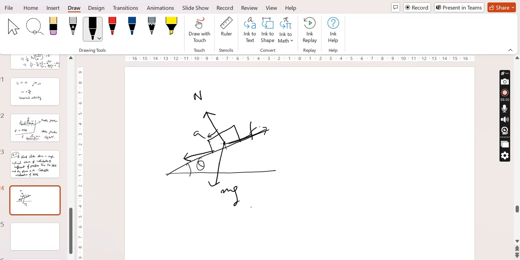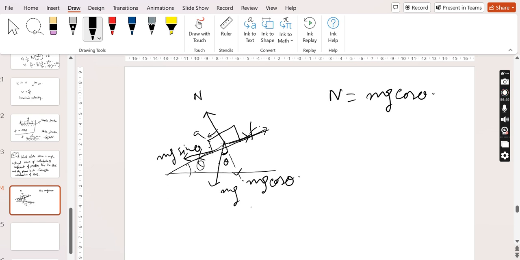We need to break this mg into components. This is theta. Mathematically, it is also theta. So this is the mg cos theta component. This is the mg sin theta component. So basically, N is balanced by mg cos theta.